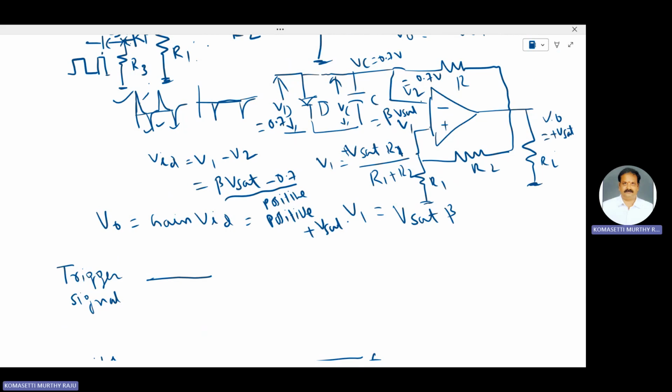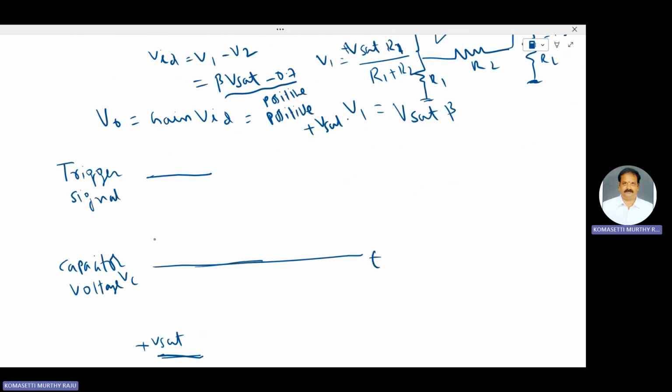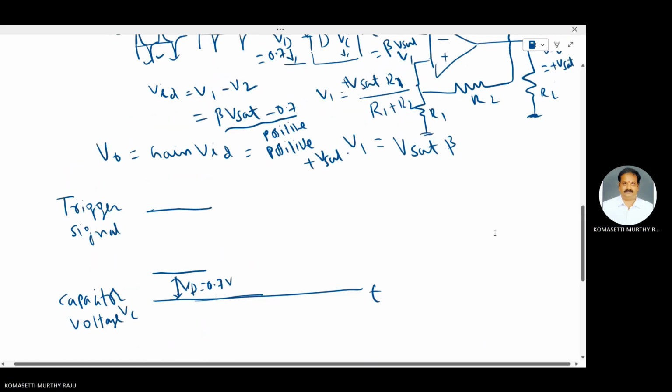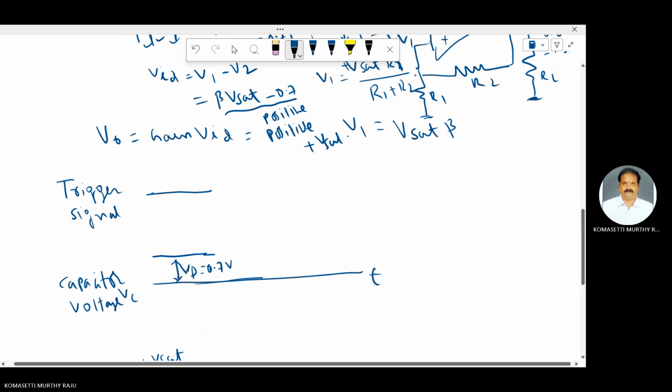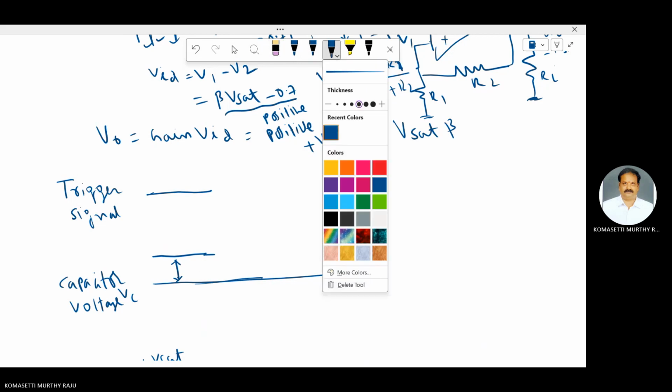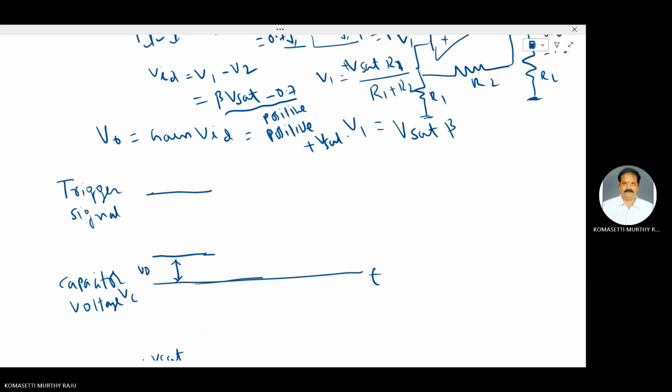Therefore, VC is equal to 0.7 volts. VC is equal to VD, that is 0.7 volts.